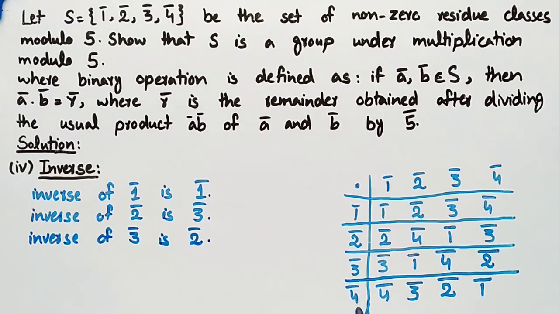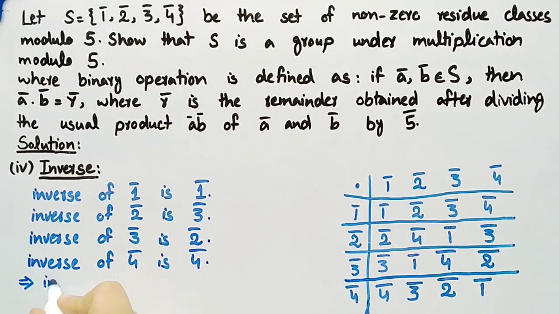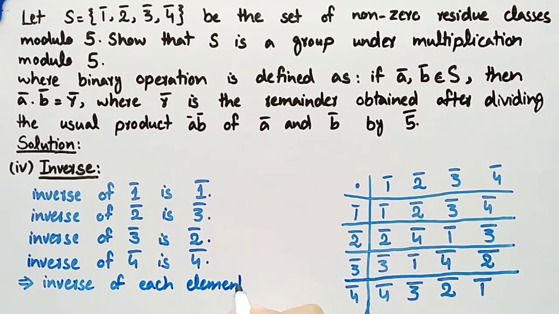And when we multiply 4 by 4, we get 1, so the inverse of 4 is 4, which implies that the inverse of each element of S exists.